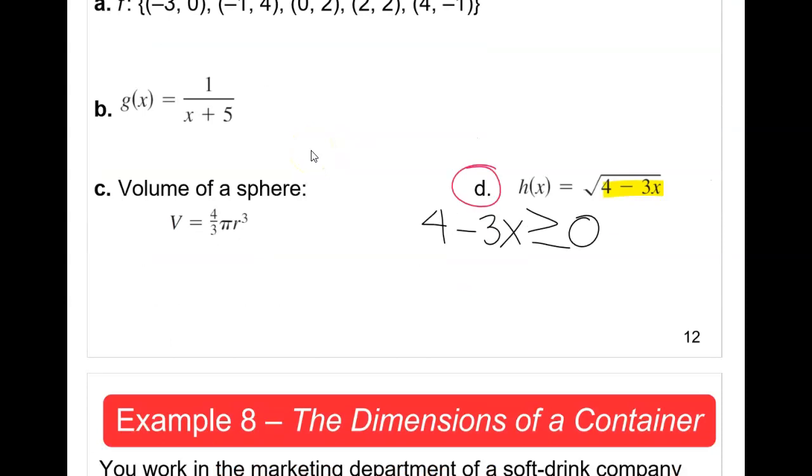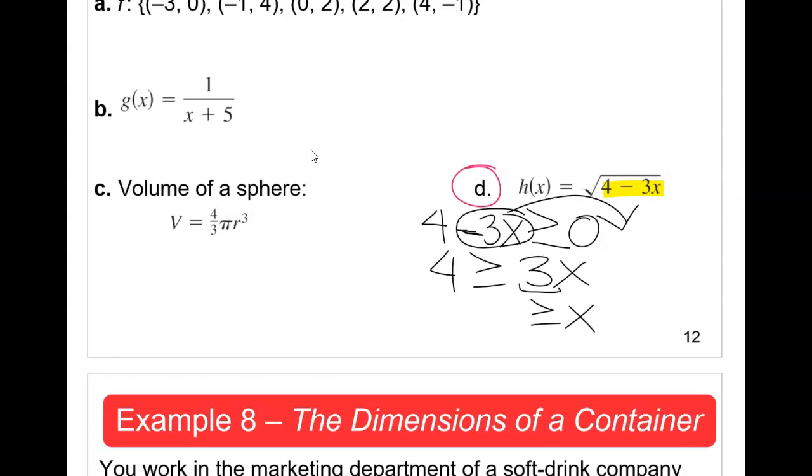So I'm going to solve for x, and we're going to have 4 greater than or equal to, and I'm going to take this negative 3x across. So from subtracting it is going to be adding, in other words, positive. And then the 3 is multiplying the x, so x will be 4 divided by 3. So we go from multiplication to division.